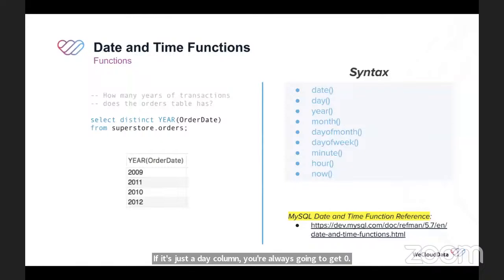If you do have a datetime, it's in the format of 4-digit year, 2-digit month, 2-digit day, all separated by a dash, and then a space, and then the hour with 2 digits, the minutes with 2 digits, and the second with 2 digits. Sometimes you'll have a 4-digit millisecond at the end as well. So depending on the columns that you use, the minute and hour functions may not be anything significant.